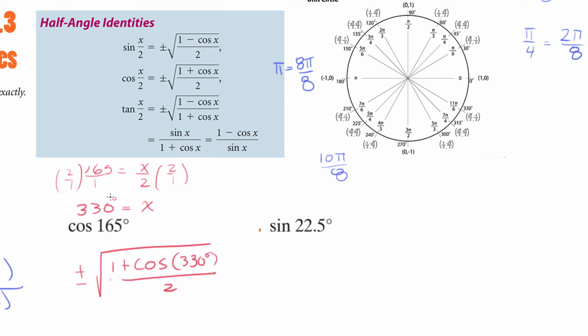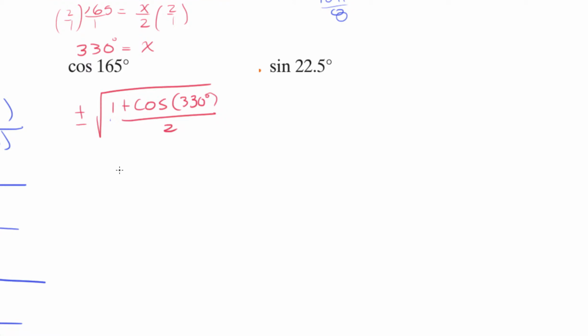Well, 165 degrees is clearly in the second quadrant. So cosine is negative on the second quadrant. So this is going to be negative radical of 1 plus, now cosine of 330, like we said earlier, is radical 3 over 2, over 2.